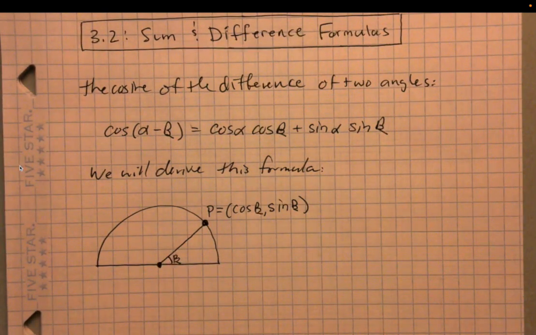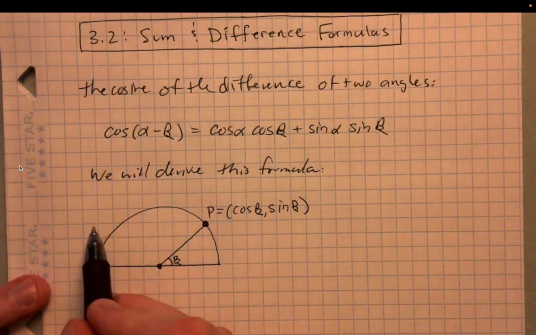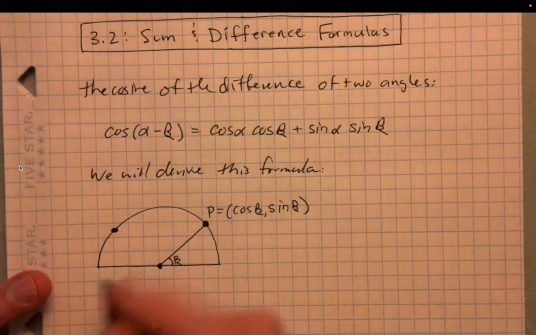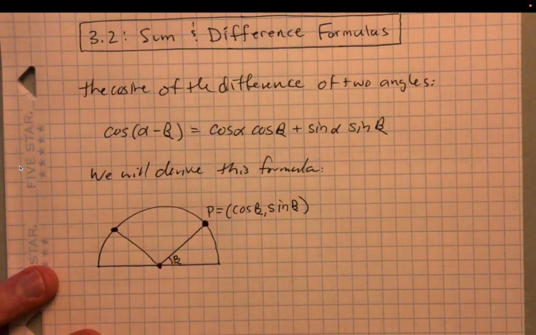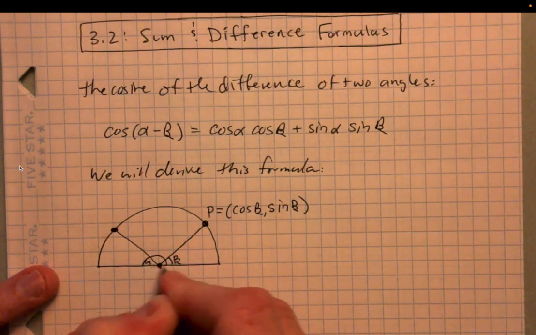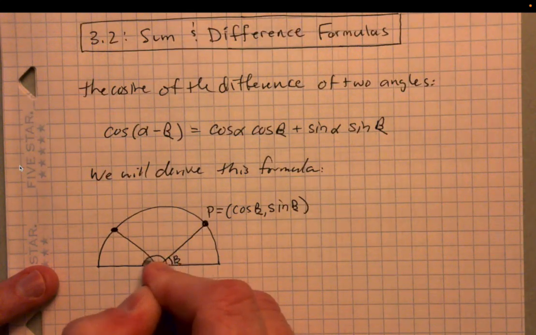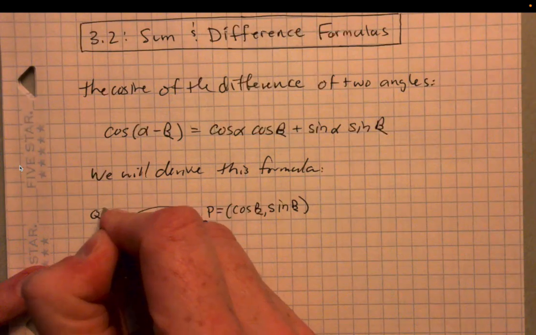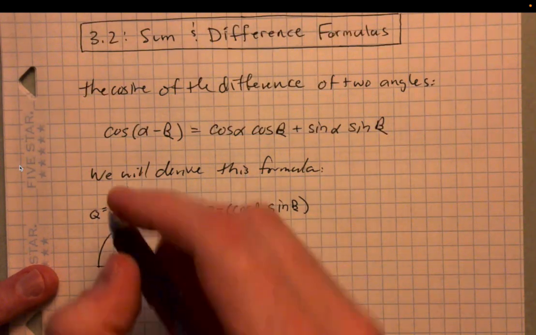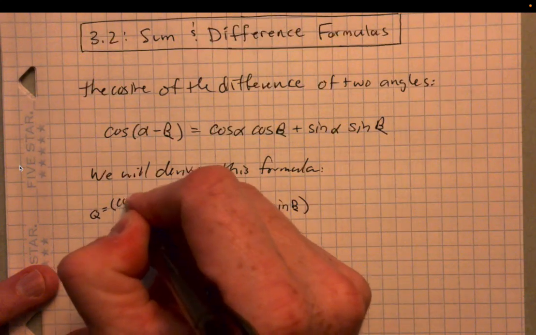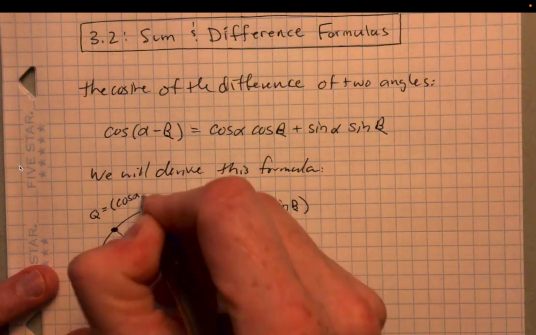Okay, and somewhere over here I'm going to put another point on the unit circle and connect it to this ray, and it is going to be labeled as alpha, right? So this is the angle that starts here and goes all the way around. And I'm just going to call this point Q. Okay, and we know that Q, as an ordered pair, could be thought of as cosine of alpha and sine of alpha.